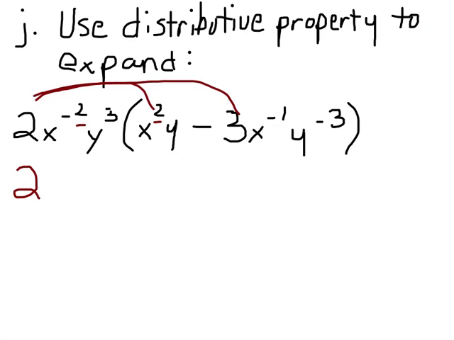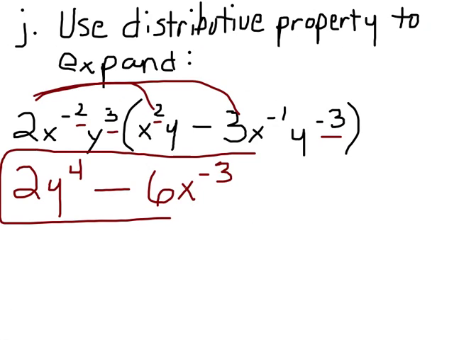Y to the third times y is y to the fourth. Alright, and then minus, and 2 times 3 is 6. X to the negative second and x to the negative 1 is x to the negative 3. And y to the third and y to the negative third cancel each other out. So this would be our final answer.